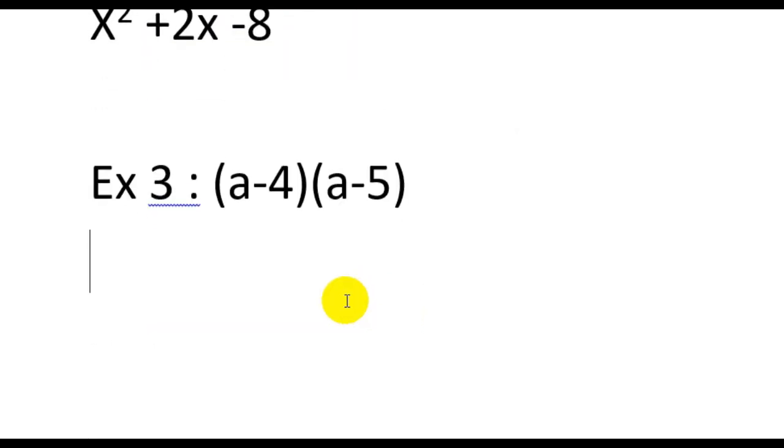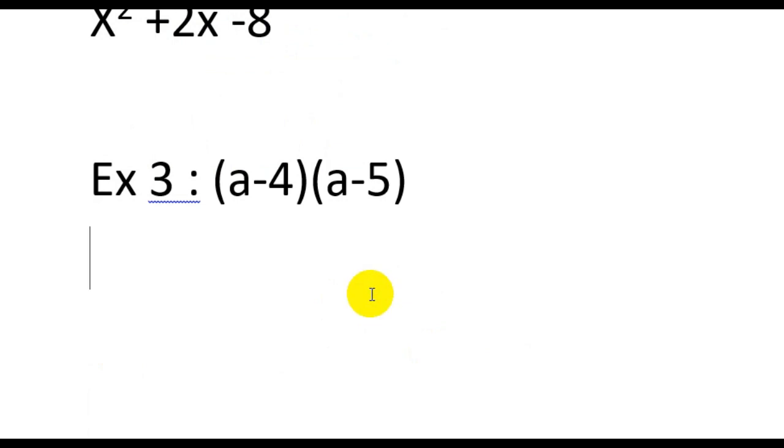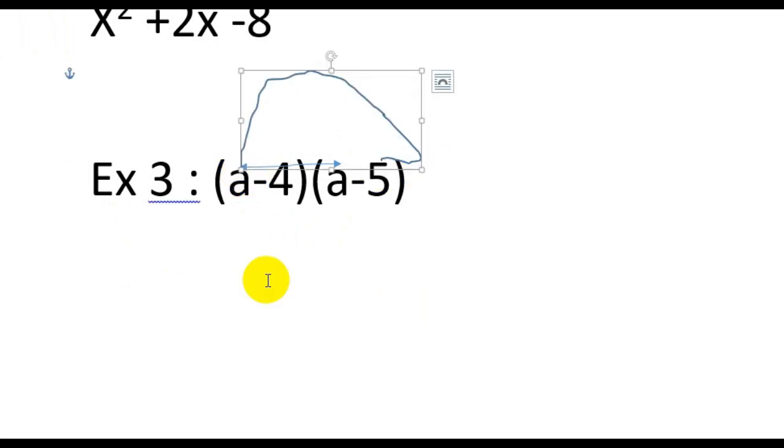So as I explained earlier, first we multiply a with a here. So you multiply a by a, then you multiply a by 5. So I'll write the answers for the first two terms.